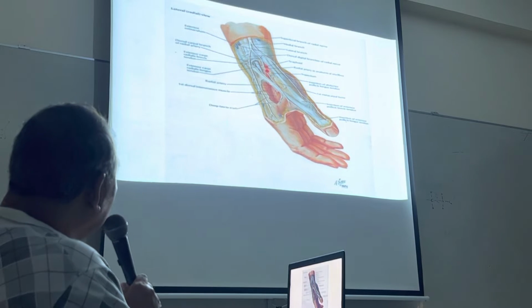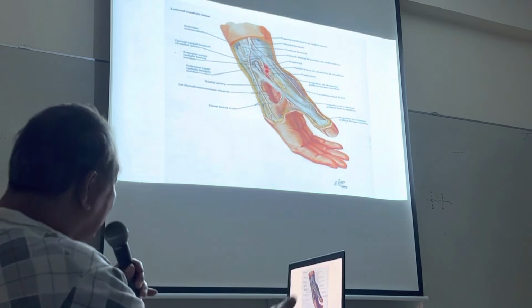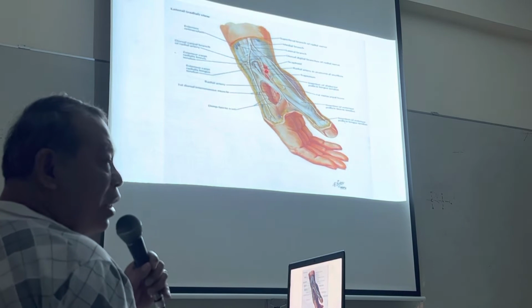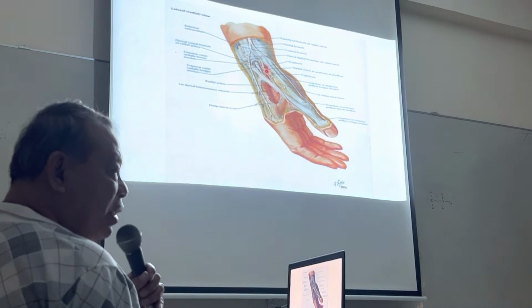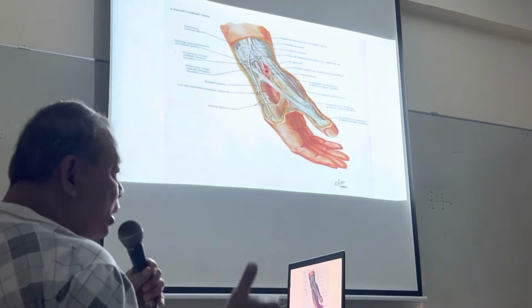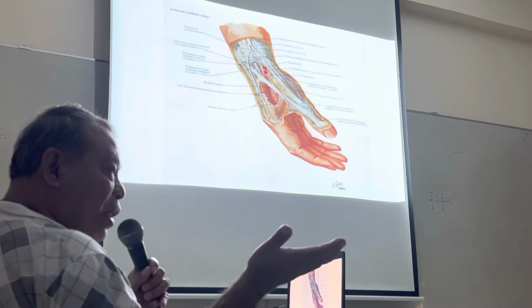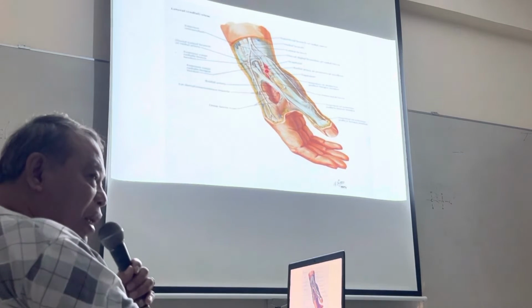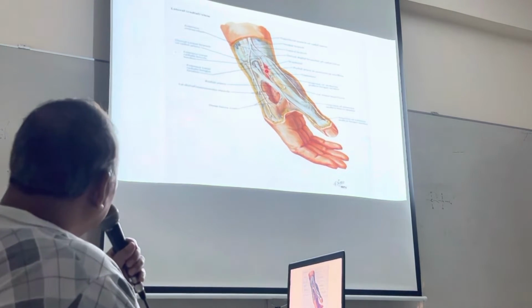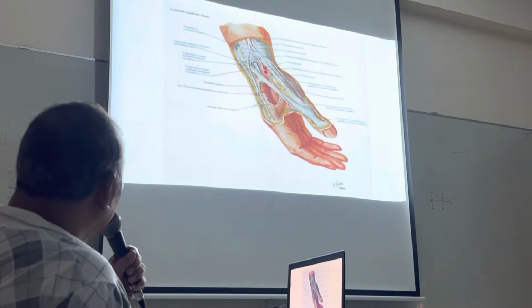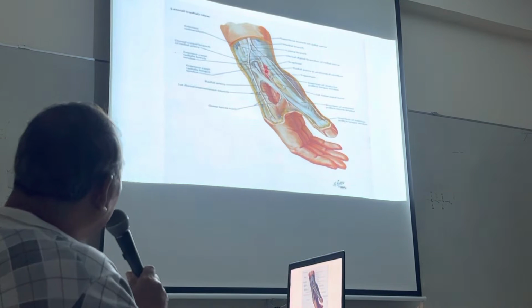Take note that the region of the thumb is the lateral side. In anatomical position, the thumb is located laterally. So, what are the tendons that serve as the lateral boundary of the anatomical snuff box?